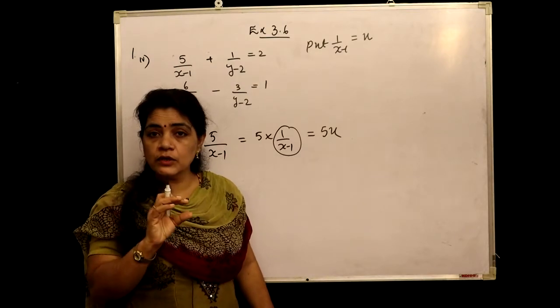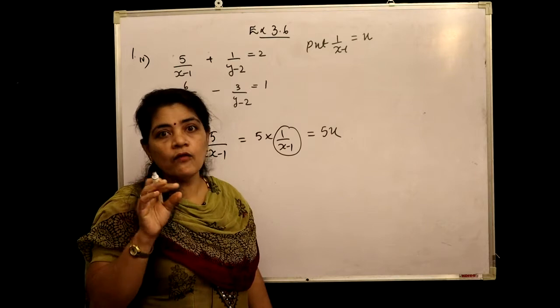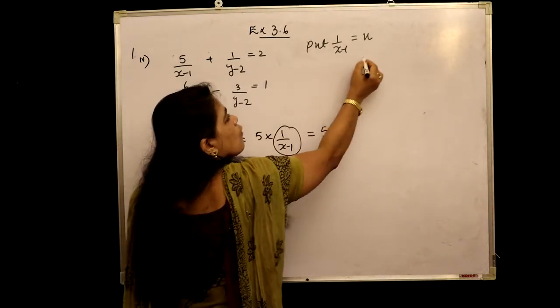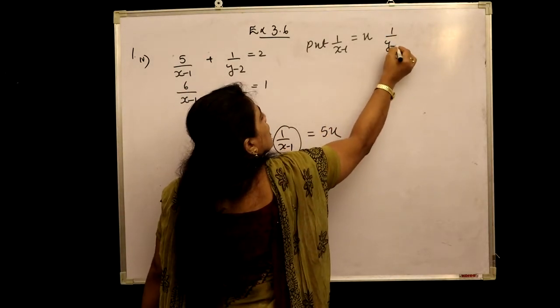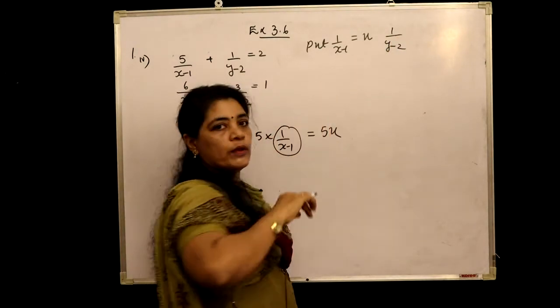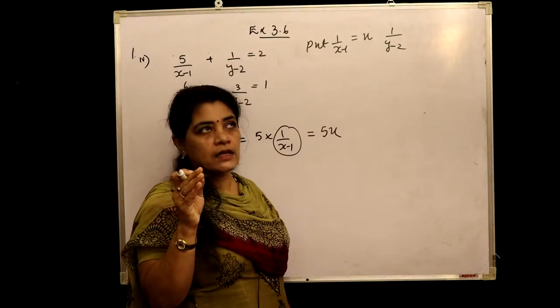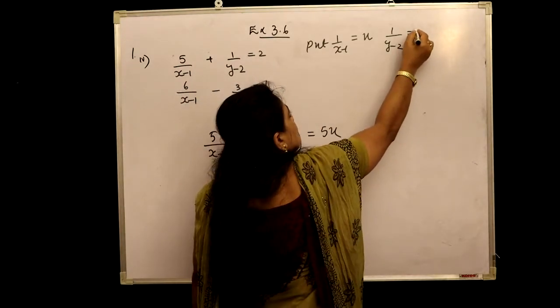So we are substituting for the denominator, that is 1 by y minus 2. The variable is in the denominator. So we are giving a substitution for 1 by y minus 2 as v.